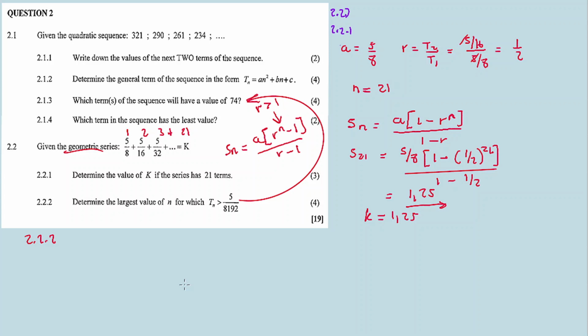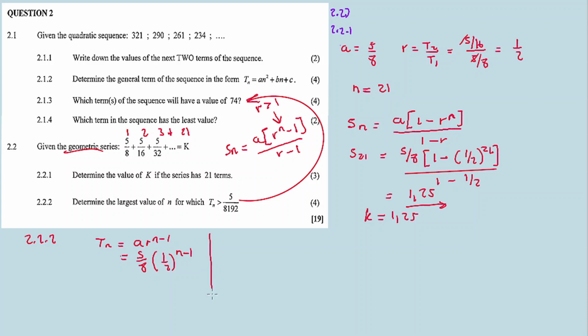Now Tn is equal to a r to the n minus 1. So what do I need? I need the general term for the geometric sequence. Now the general term here has a equal to 5 over 8, r equal to 1 over 2, and n I don't have, I want to calculate it.